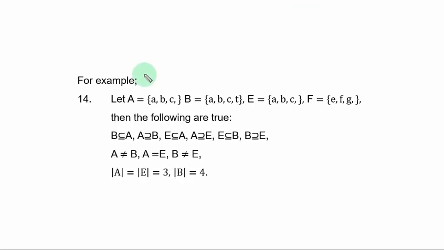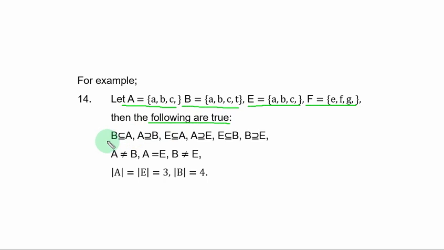For example, number 14, let set A equal to this, set B equal to this, set E equal to this, and set F equal to this. Then the following are true.